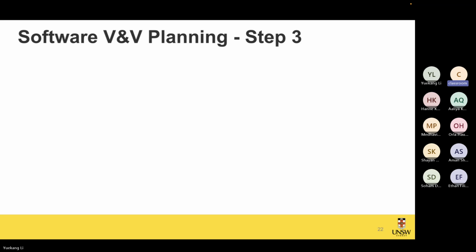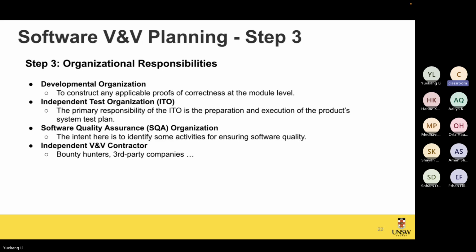And now let's come to the third step. The third step is to clarify organizational responsibilities. This is more about splitting the testing effort across different teams, because when we do real world software development, especially in large companies, we have different teams, and some companies even have dedicated testing and quality assurance teams.